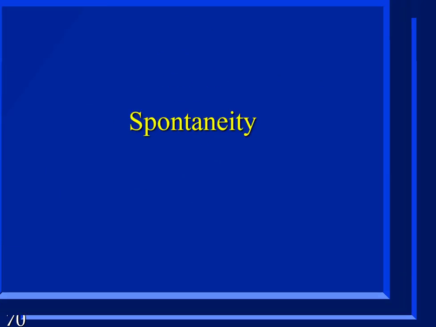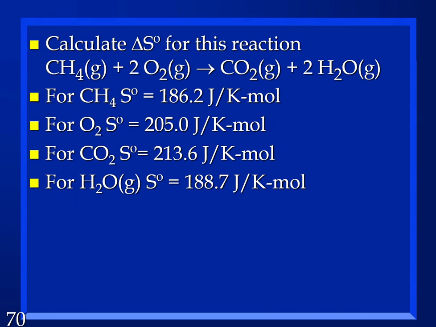So what I need to do is look up all those numbers. Next to CH4, it said 186.2 joules per Kelvin mole. For O2, it was 205.0. For CO2, it was 213.6.